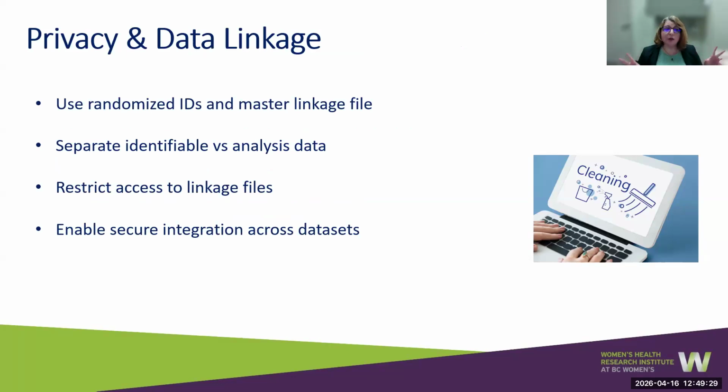So most important, I want to talk about privacy and data linkage. Usually when you work on data, only specific people can access the identifiable information. But technically, when we use data in an analysis or share data with someone else, for example, you want to share your data with me so I can do the analysis, you need to share with me the identifiable data.